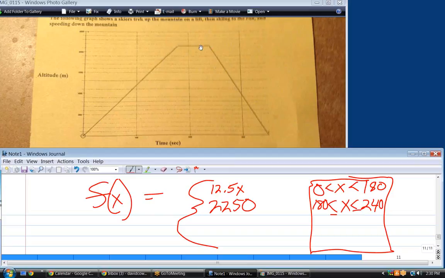Okay, there's one more piece of this function. What's its domain? What's this part over here? How am I going to define that with regards to the x-axis?